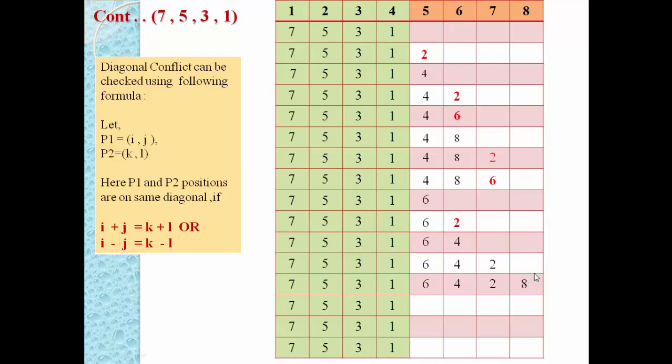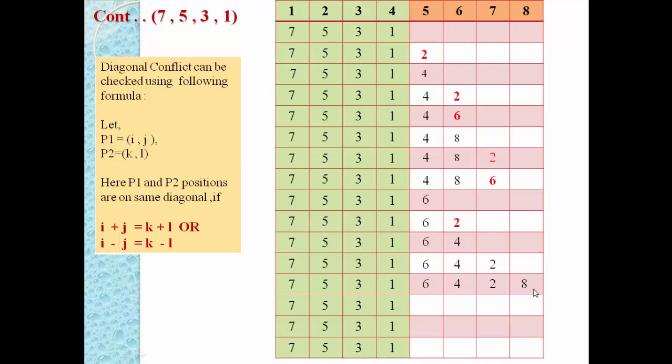So just check whether it is on same diagonal with the remaining 7 queens. 8 plus 8 is equal to 16, but no queen has addition of row and column equal to 16. Another condition, 8 minus 8 is equal to 0. Here the 3rd queen is on 3rd row, 3rd column. So 3 minus 3 is equal to 0, and here 8 minus 8 is equal to 0. So it will be on same diagonal. So we cannot place our 8th queen on 8th column.